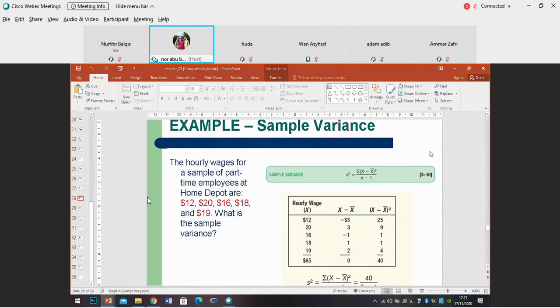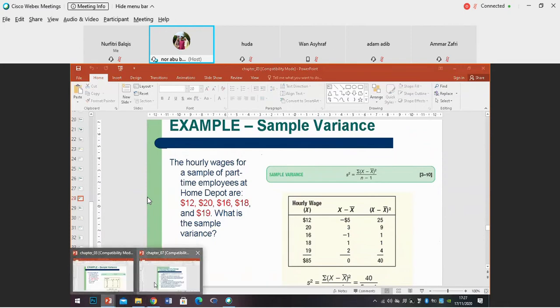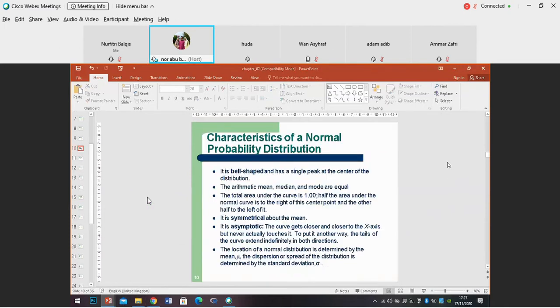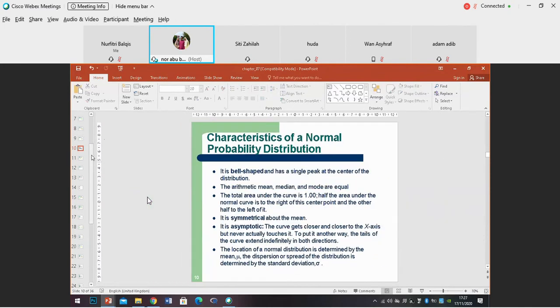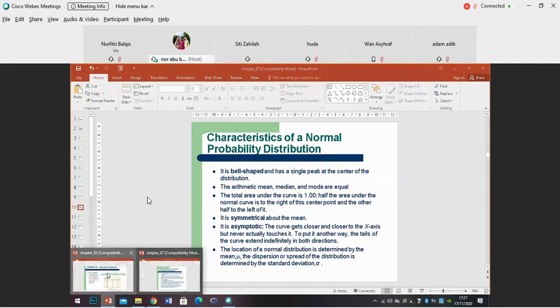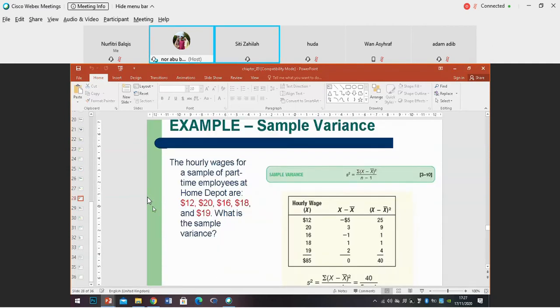Okay. Saya pergi pada normal distribution boleh? Dia kena cepat-cepat sikit. Apa dia semula? Sorry, I cannot hear you. I'm so sorry.